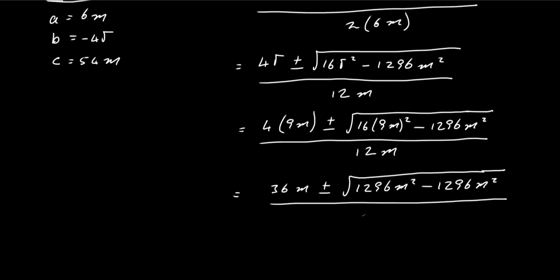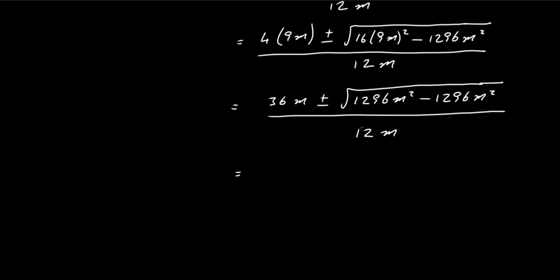So you can see that we do get 0 underneath the square root. So you got 12m here. Okay, so we've got 36m plus or minus the square root of 0, so I'll just leave that out, divided by 12m. The m's here will cancel, and we've got 12 into 36, which is 3. So our solution is x is equal to 3.